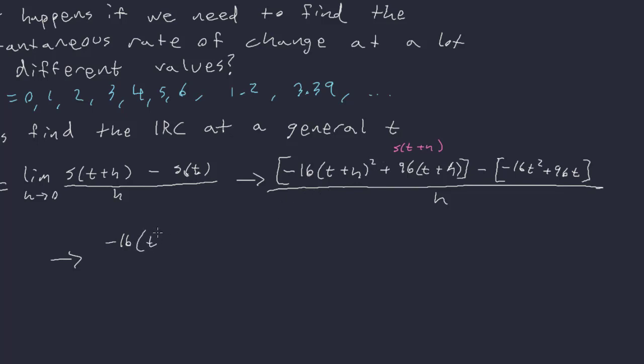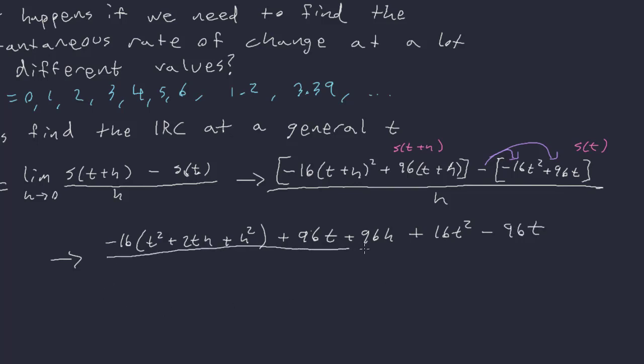We'll FOIL this on top to get t squared plus 2th plus h squared. Then plus, we'll distribute that 96, so we'll get 96t plus 96h. And then we will distribute this negative sign. I forgot to write it up here, but this is s of t plus h, and this is just s of t. So we're going to get plus 16t squared, and then minus 96t, all over h.